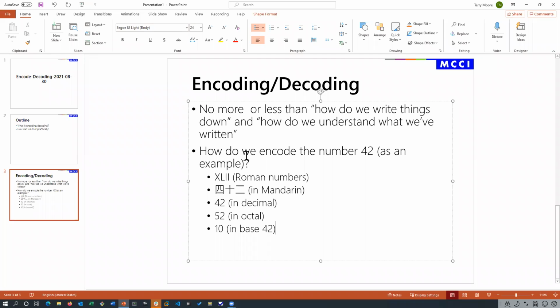And so there's something in set theory that can be represented as 42 or as XLII or in Chinese characters or 42 decimal or 52 octal or 10 base 42, or what have you. One can imagine a hypothetical base 43 where the character for 42 was a smiley face, right?